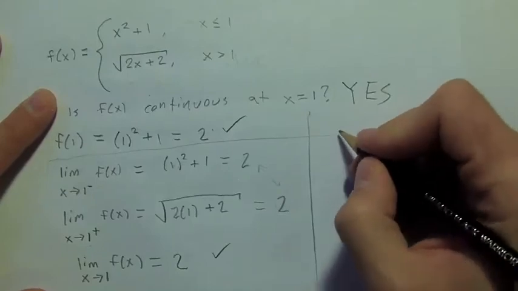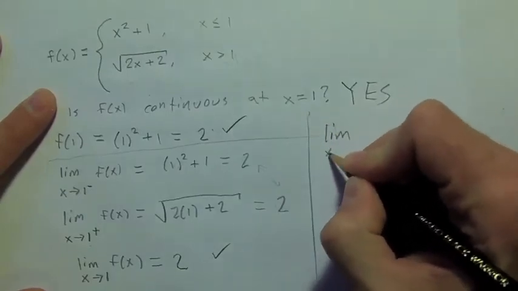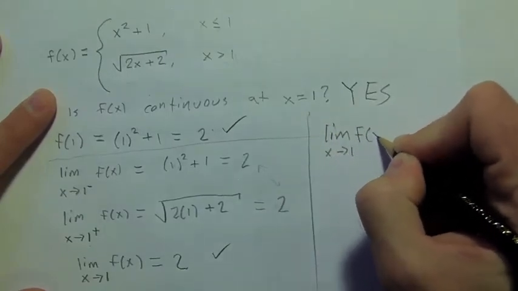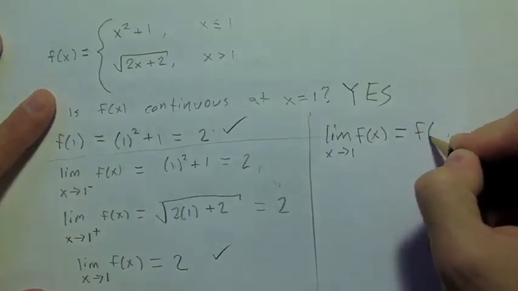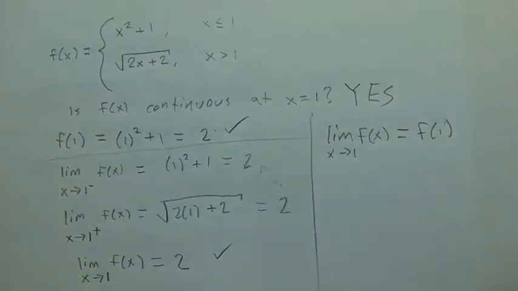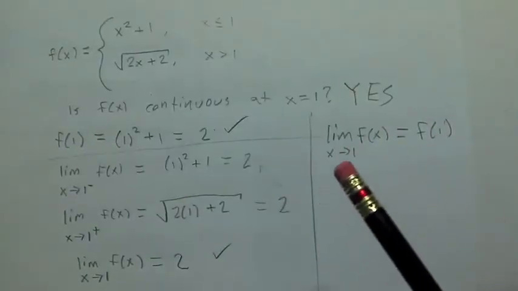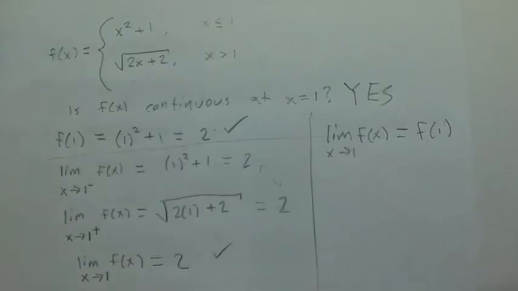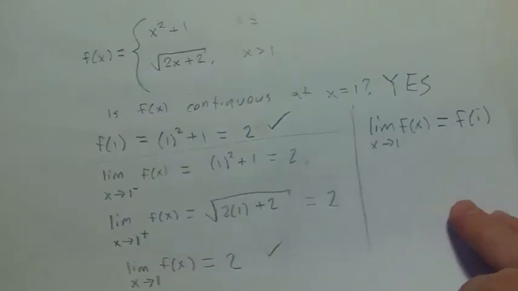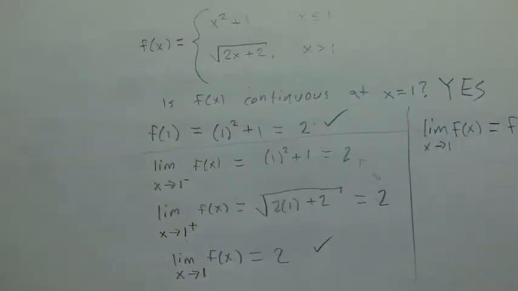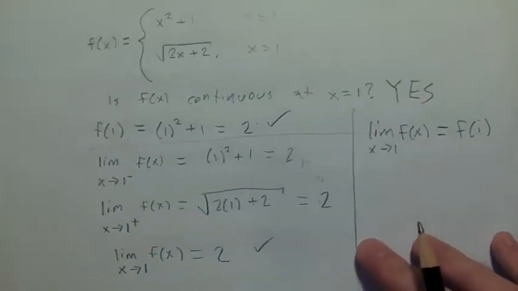And that's because the limit as x goes to 1 of f of x is equal to f of 1. They match. You can say that they're both equal to 2 if you want, but this is usually the quickest way to write it. So the function is continuous at 1.